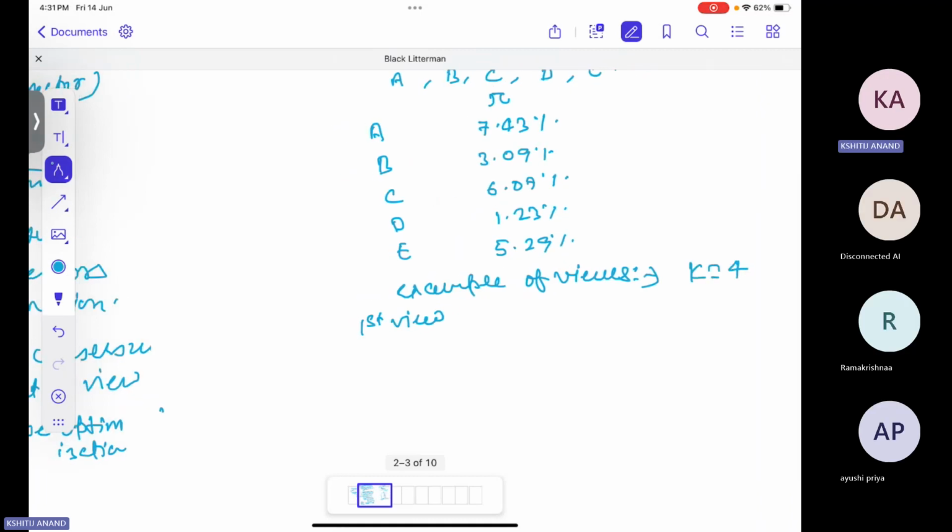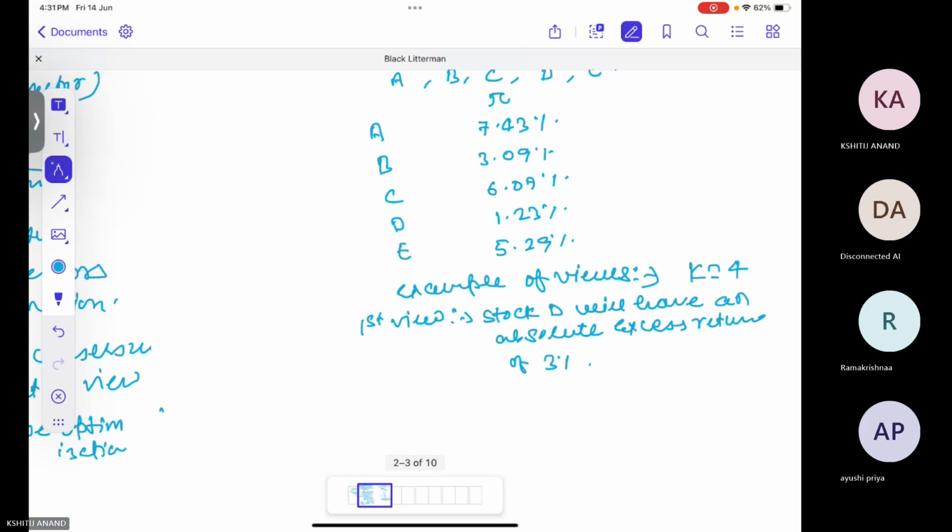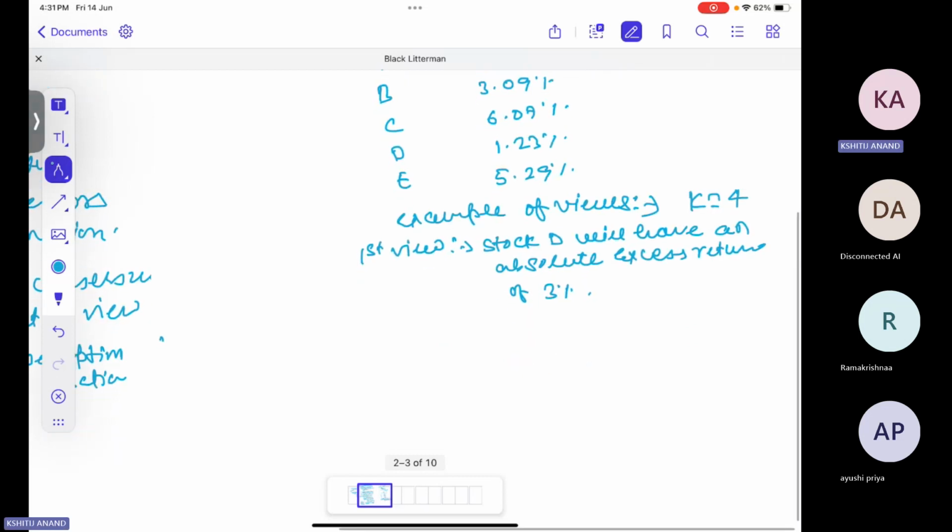Let the first view be that stock D will have an absolute excess return of 3%. What is the excess return of stock D as of now? It is 1.23%, but now it will be 3%. Let me say I am describing the confidence level as well. Let the confidence level be 30%.